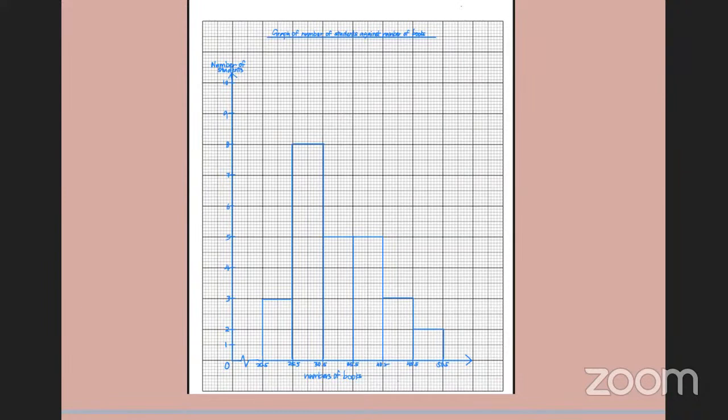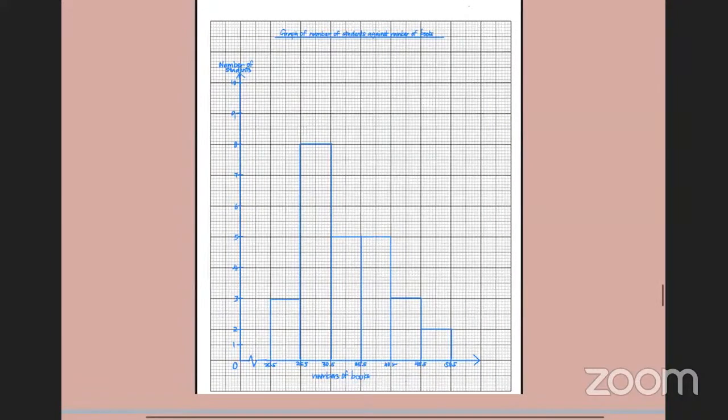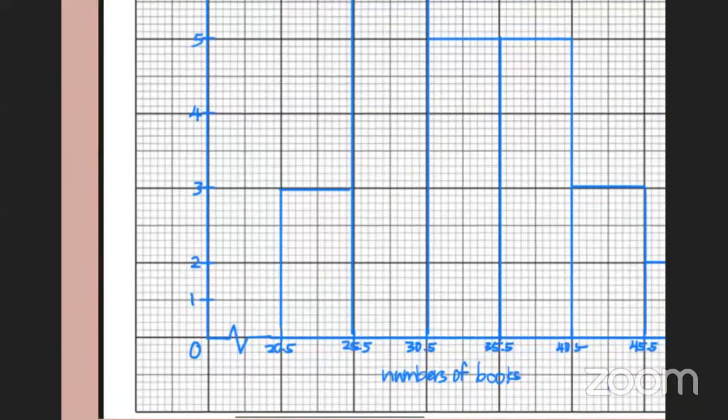Okay, so I'll go through the graph for you all. So first you have to put the lower boundary and upper boundary, and the data is 3.